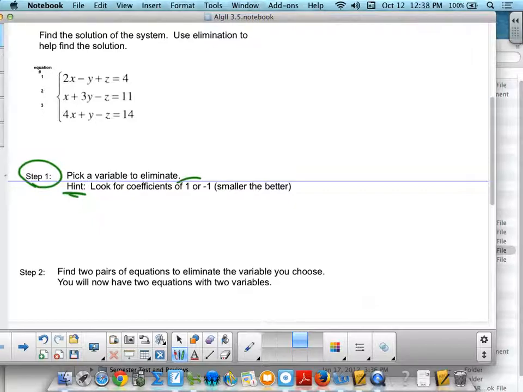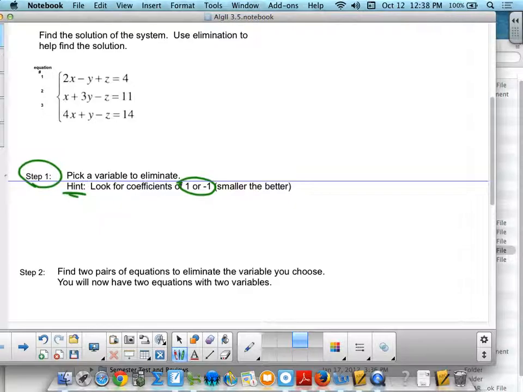Well, I'm looking for these numbers. I'm looking for the 1x or the -1x. I don't like my x's. How about my y's? You like them? Yeah. Why? The y's aren't bad. You got a 1y and a -1y. That's pretty good. Elimination says you need opposites. But you have a 3y, which makes things harder on you.